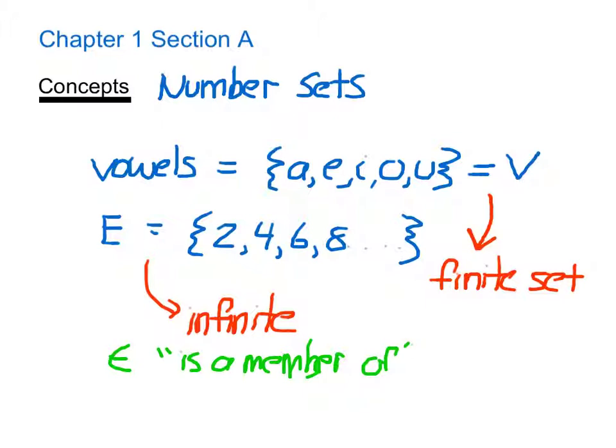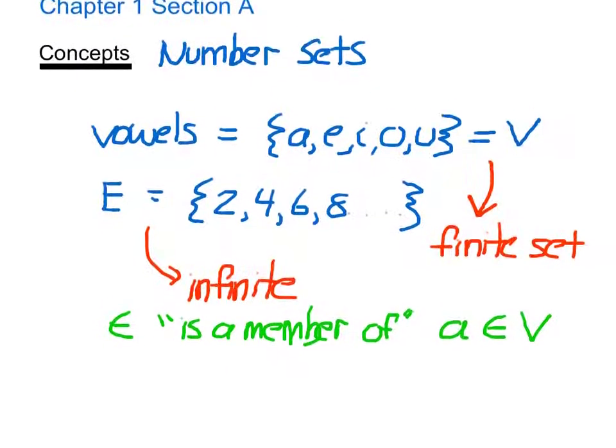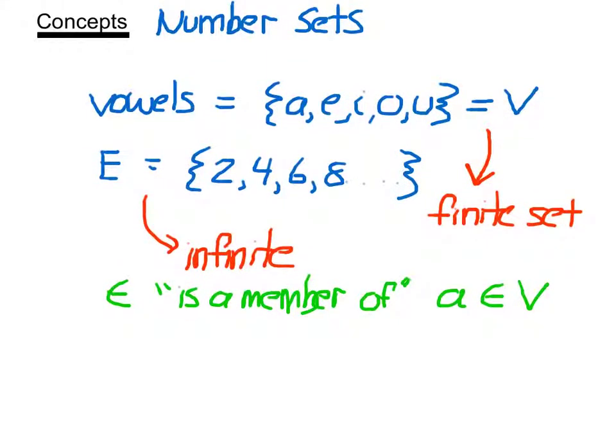So looking at the vowels, we see that A is a member of the vowel set V. Likewise, this symbol means is not a member of. So the example using the even set, 3 would not be a member of the set E.